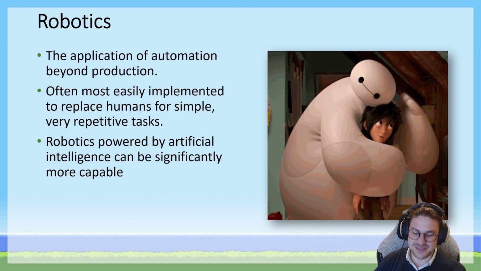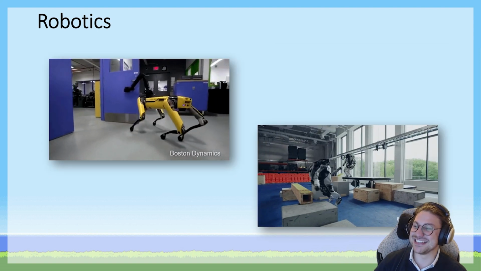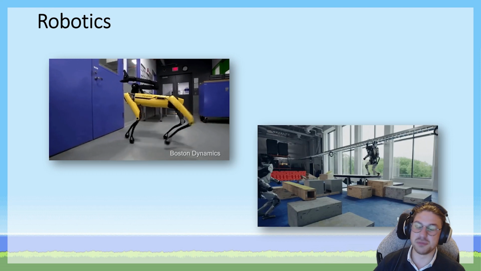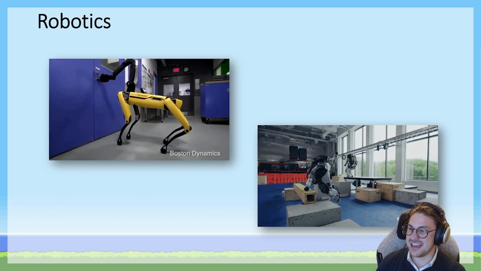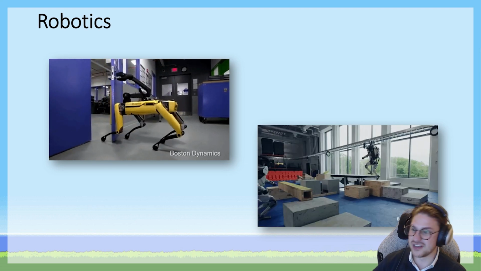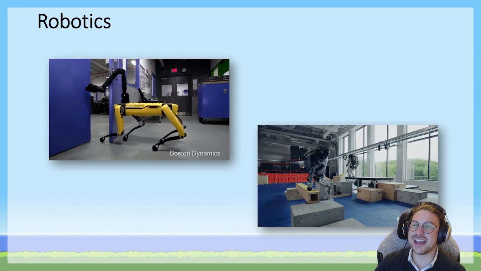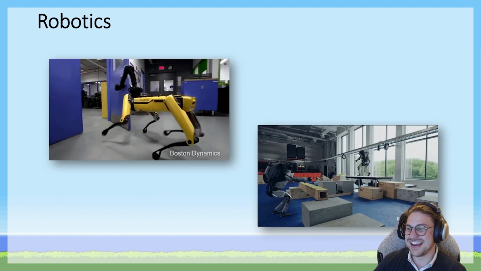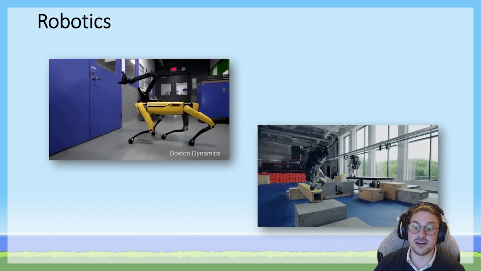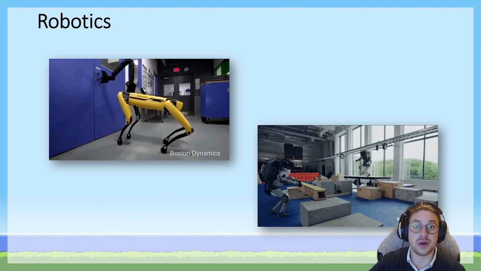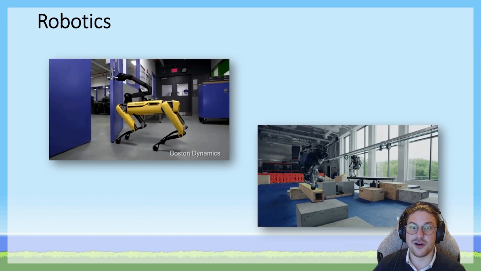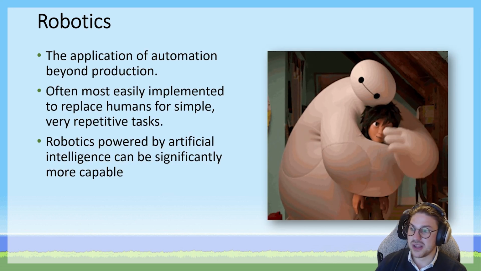Certainly the Boston Dynamics robots, if we go back a second, their dog robot is being rolled out to police forces and emergency rescue crews around the world. They're very capable of navigating complex terrain and looking for survivors after events like earthquakes, when it might be dangerous to send human rescuers into a partially collapsed building. Robots like these are very capable of doing that role.